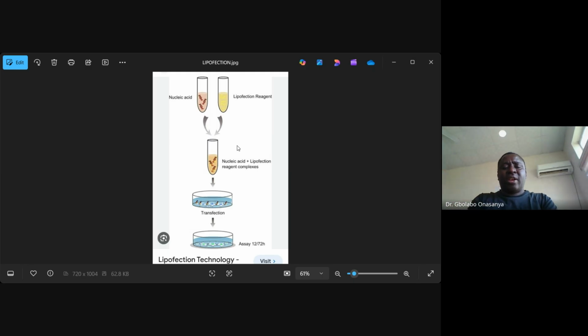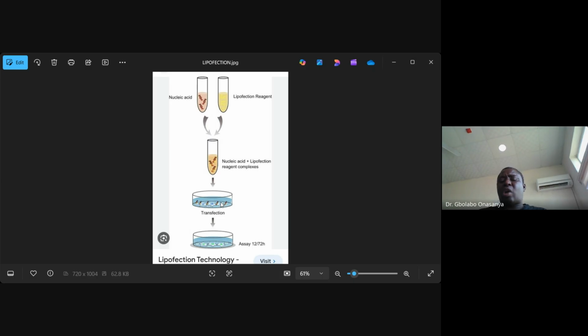Then we mix them together in appropriate volume. When we have nucleic acid and lipofection reagent together, the two create complexes, where the lipofection reagent will commingle with the nucleic materials.